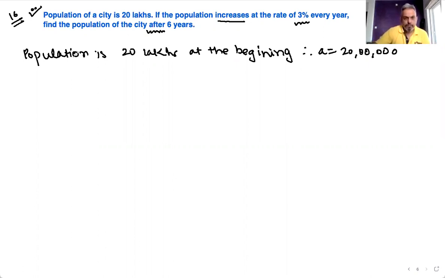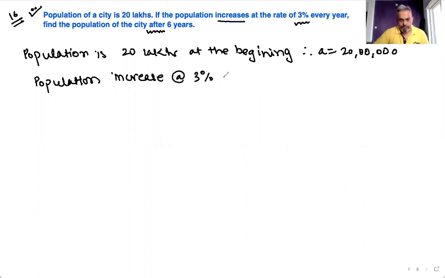Now, population increases, this is an important point, at the rate of 3%. It means what? It means if it is 100 in this year, next year it will become 103.